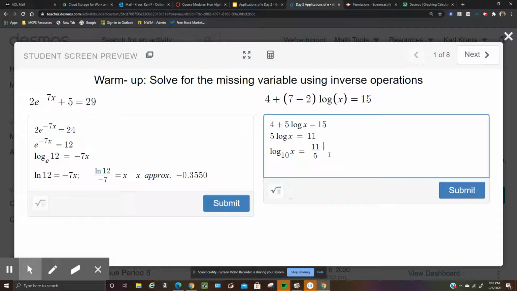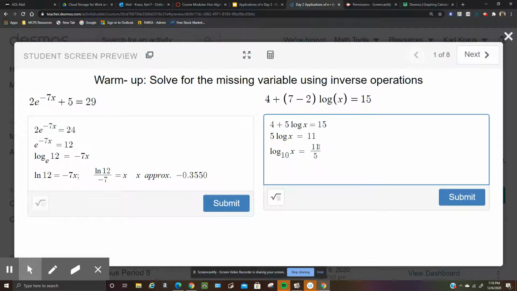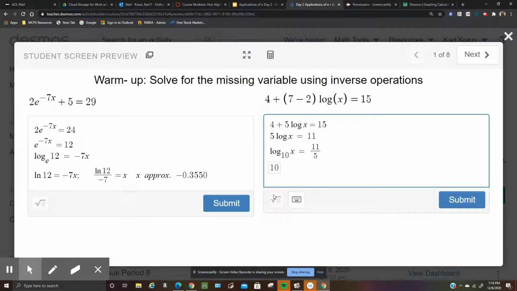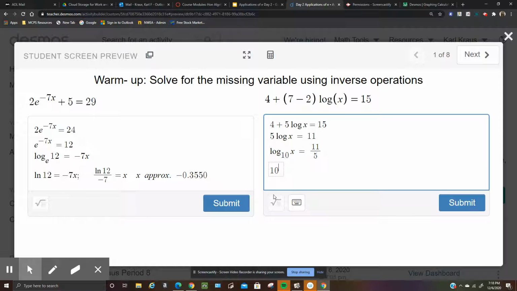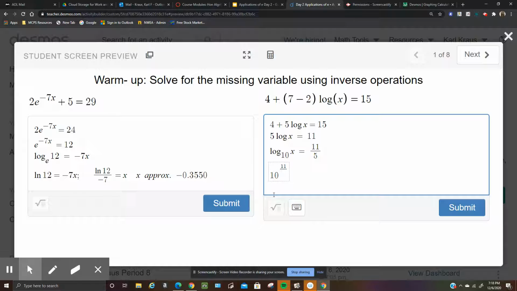All right, and then the next step is to write this as an exponential: 10 exponent 11/5 equals x.